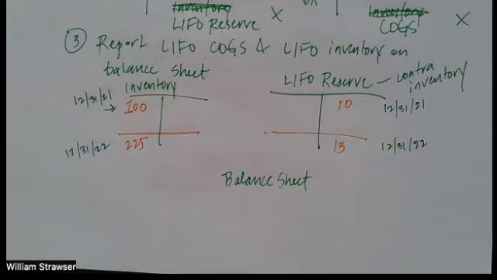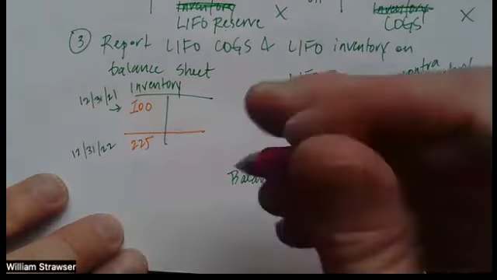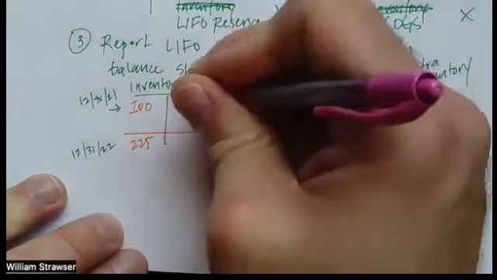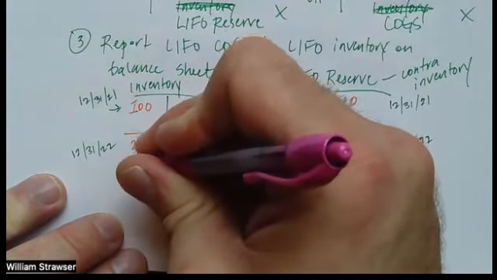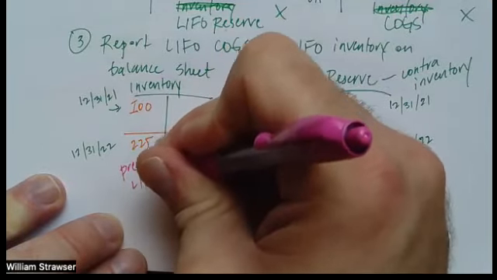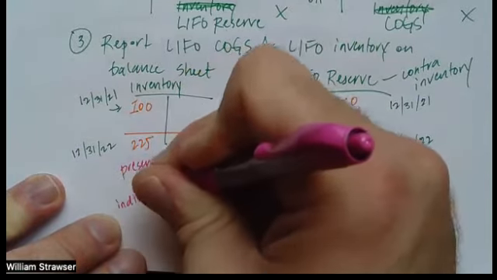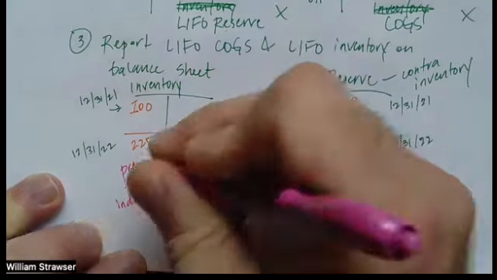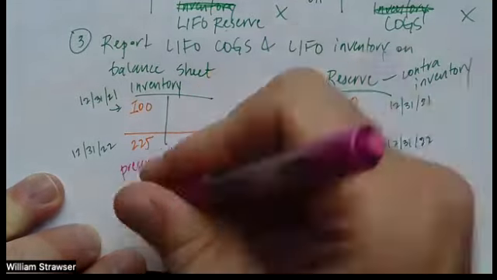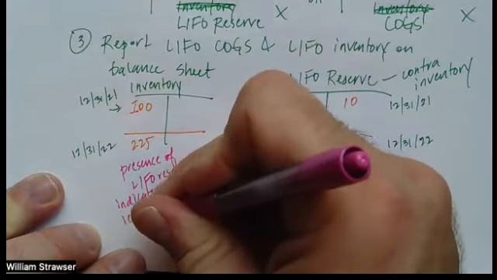Then how does that affect what I'm going to report on my income statement? Remember that if I'm using a LIFO reserve, if this account exists at a company, then this inventory is in non-LIFO. So the presence of the LIFO reserve account indicates the inventory account, the inventory ledger account, is non-LIFO.